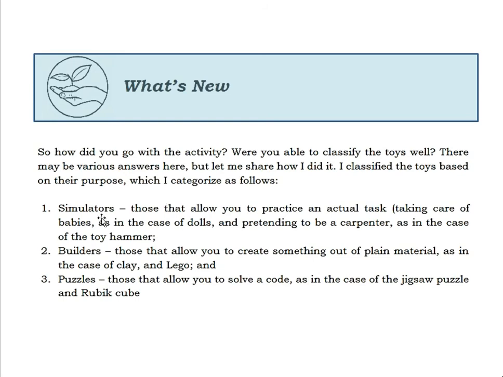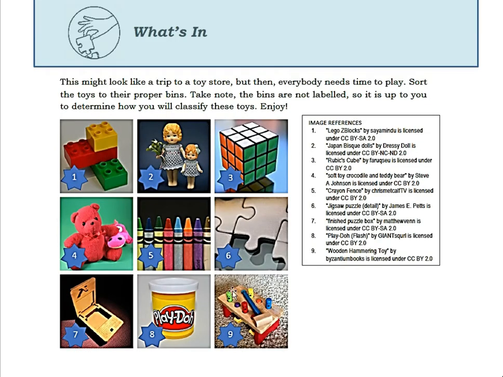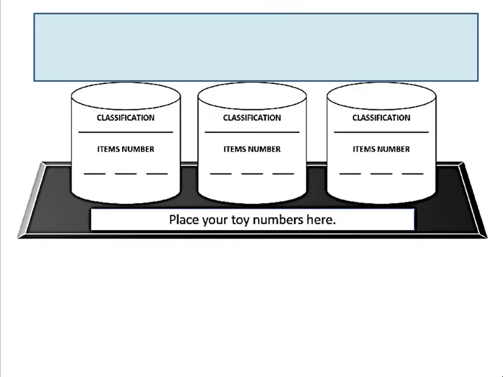Okay, so this is the answer regarding our 3 bins. The first bin is simulator, the second bin is builders, and the third bin is puzzle. So, correct yung explanation ni Mr. Tuban kanina. So, as you can see, kapag ginamit mo ang mga toys na ito, gumagana yung pagiging manipulative mo.